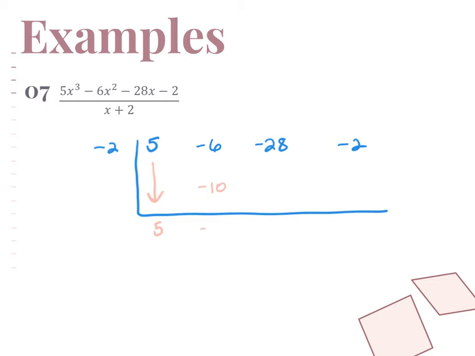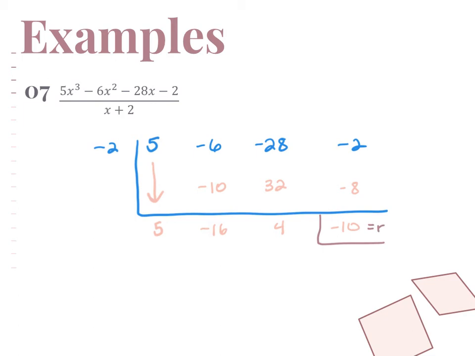Add: -16. Multiply -2 times -16, +32. Add 4. Multiply -2 times 4, -8. Add -10. Here's my remainder.